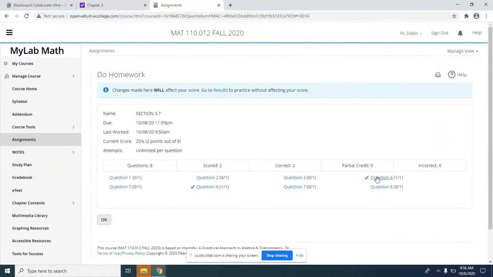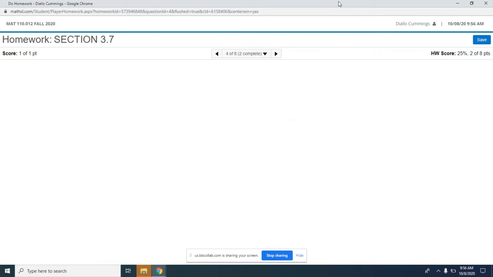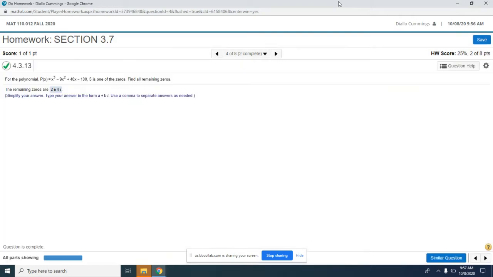The first problem I'm going to look at is number 4, and the second problem we'll look at is number 6. Keep in mind, you will see problems similar to these on your exam next Thursday.